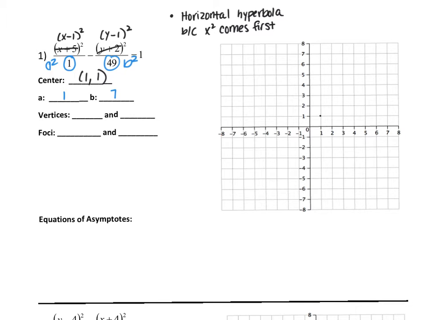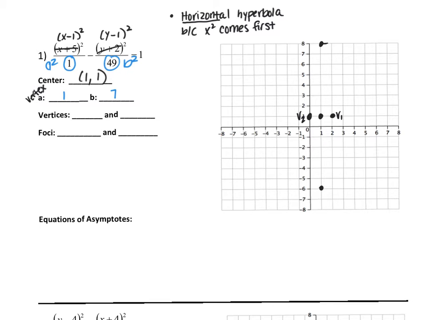So my center is at the point 1, 1. Since we have a horizontal hyperbola, we're going to go right 1 and left 1 for our a value. a gives us the vertices, right? But we're going left and right. So we can label this V1 and V2. Doesn't matter which one you label which. Now to find the b value, we're going to go up 7, all the way up here, and then down 7 about here.